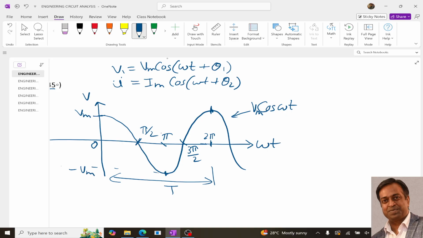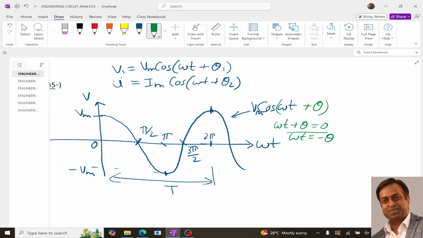Now if there is a phase of theta, then this wave shape is going to shift either towards the left or right. To check whether the shift is on the left or right, we simply substitute omega t plus theta equals 0, so omega t equals minus theta.